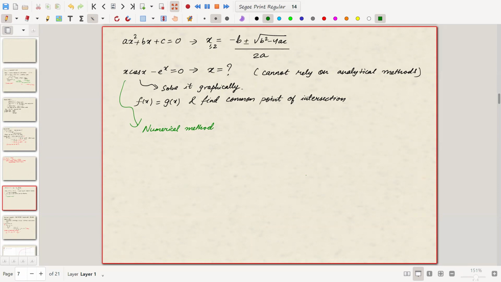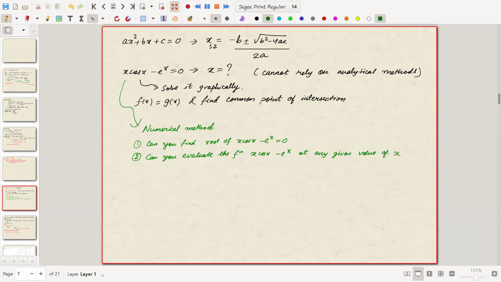Now, there are two things I would like to ask. First, can you find the root of x cos x - e^x = 0? Second question is, can you evaluate the function x cos x - e^x at any given value of x?